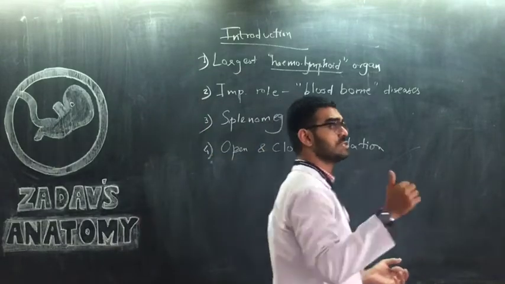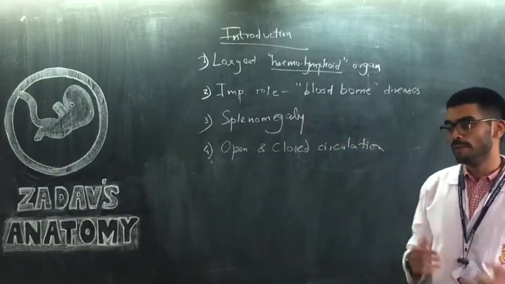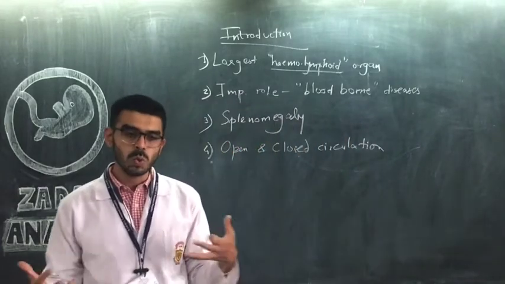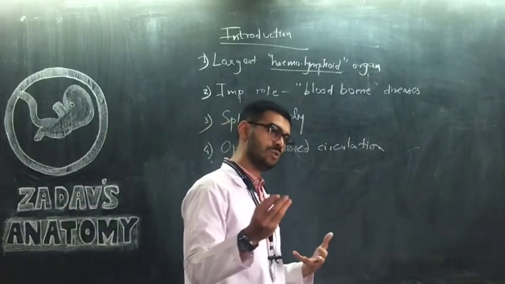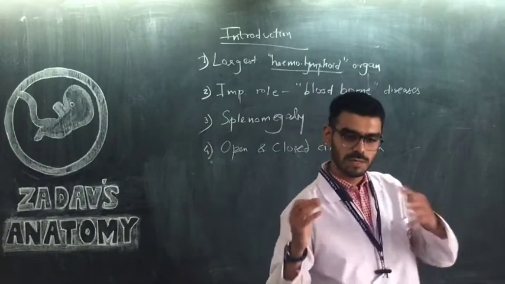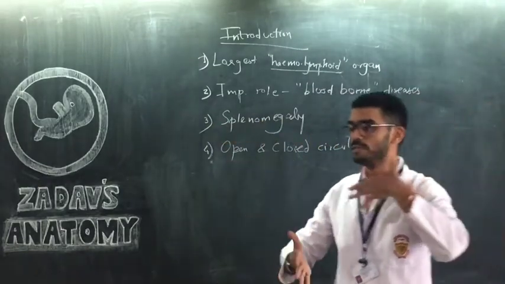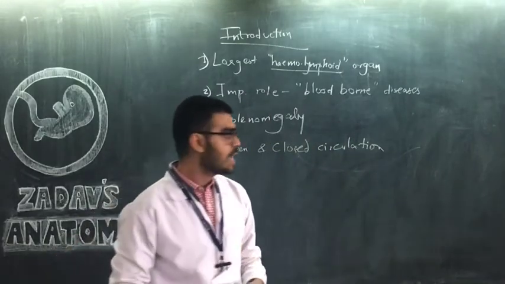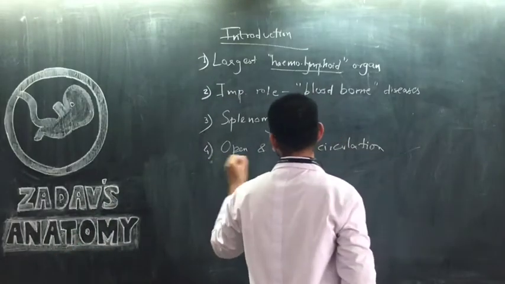But in certain situations, like in case of the spleen, the blood actually exits the vascular compartment through holes in capillaries. These capillaries are known as splenic sinusoids, and the blood literally comes out of them, and the splenic sinusoids are bathing in this blood. So this kind of circulation is known as open circulation.